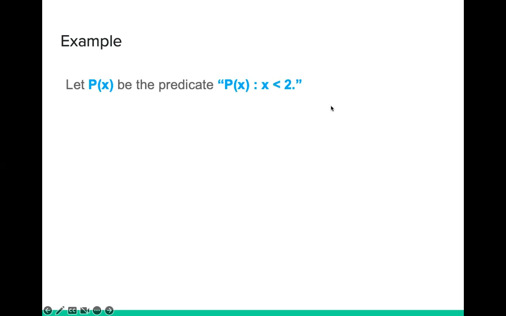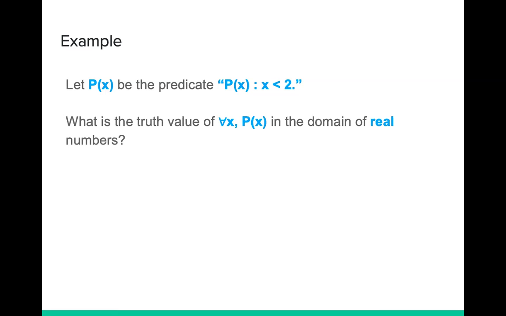Let's have another example. Let P of x be the predicate such that x is less than 2. What will be the truth value of the quantification for all x, P of x, where x is in the domain of real numbers? What we can do is find a counterexample.